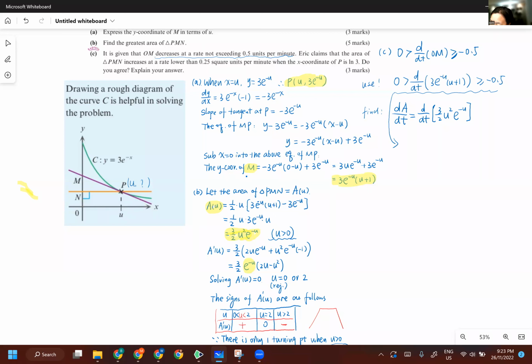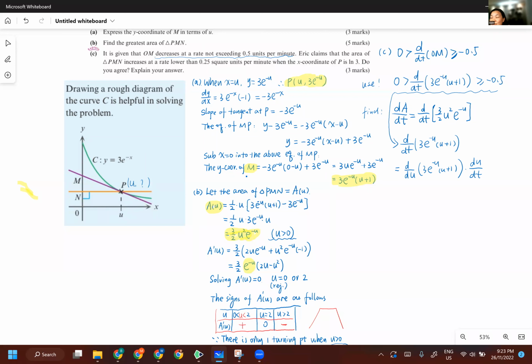Now from this, now I will know d/dt of 3e^(-u) plus 1 is equal to d/du of 3e^(-u) plus 1 times du/dt. Okay, now I'm simplifying.